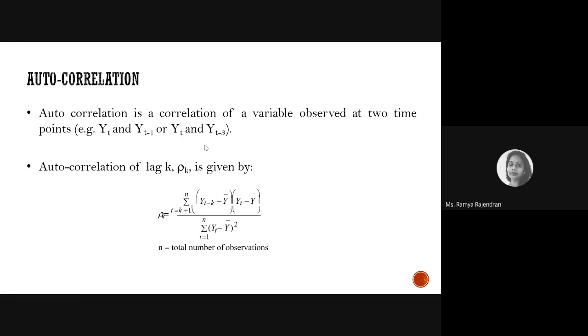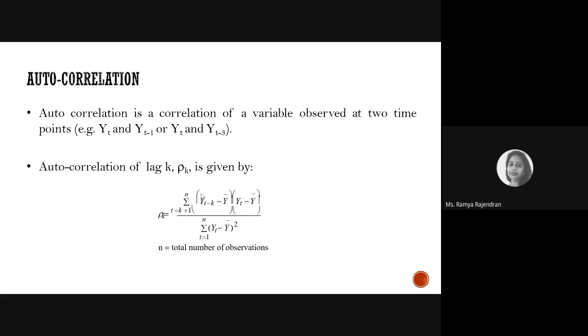Lag is denoted by the variable K. To find out the autocorrelation of a particular lag K, it is given by rho K. The formula for this is the summation of (Yt minus K minus the mean value) multiplied by (Yt minus the mean value), divided by the summation of (Yt minus the mean value of Y) the whole squared. Here n is your total number of observations, K is your lag, Y bar is your mean, Yt is your actual value, and Yt minus K is the variable observed at an earlier time.